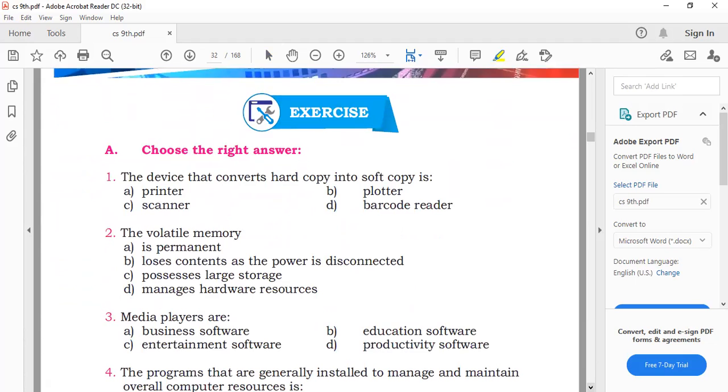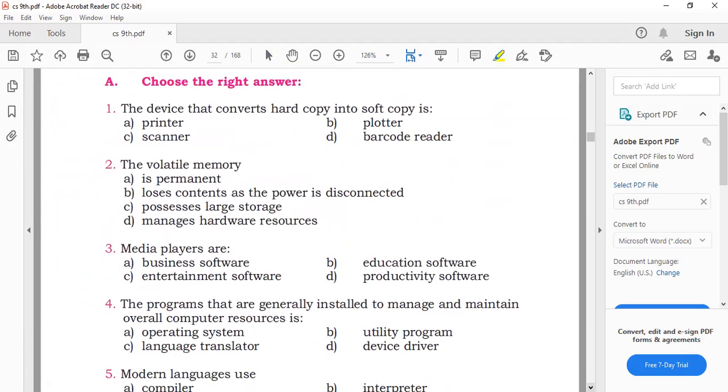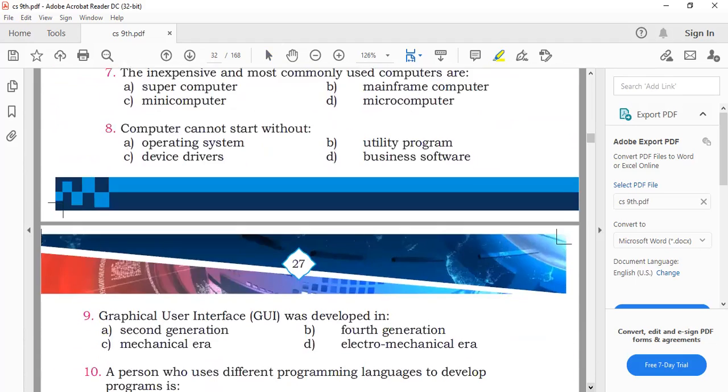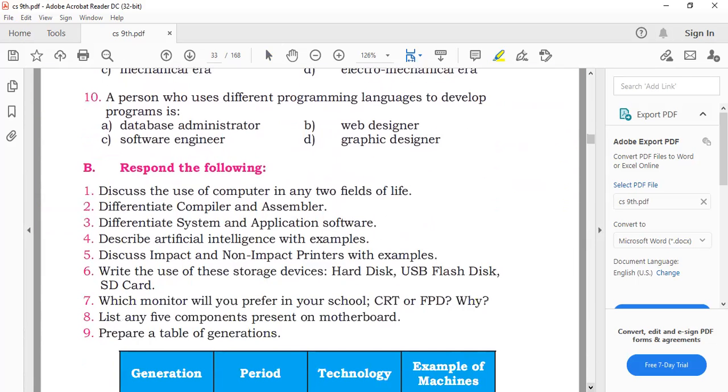We will do the choose the right answers after ending the whole chapter, but right now I am just taking the questions you need to cover. Okay, just a sec. Bear with me.